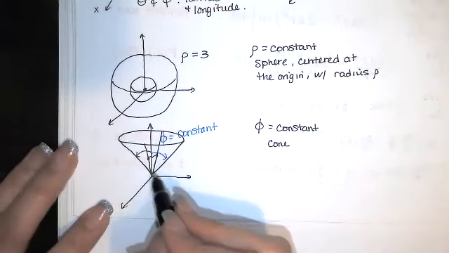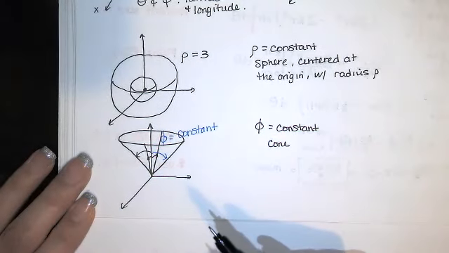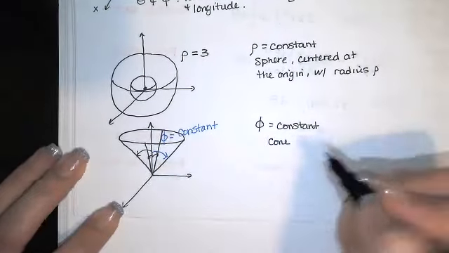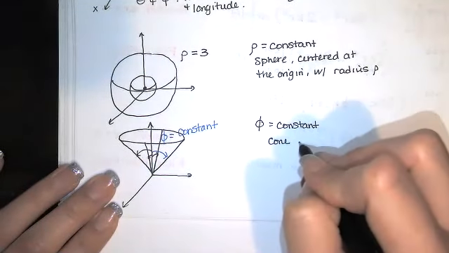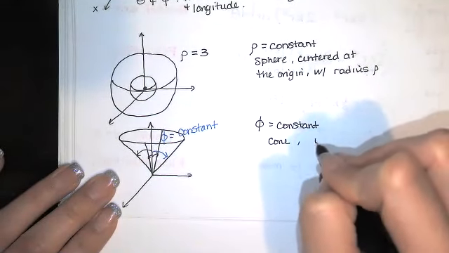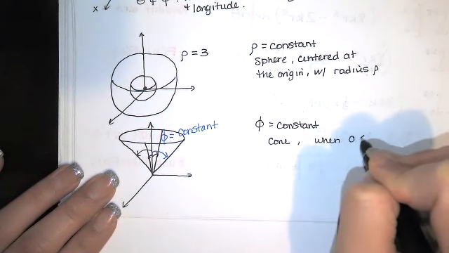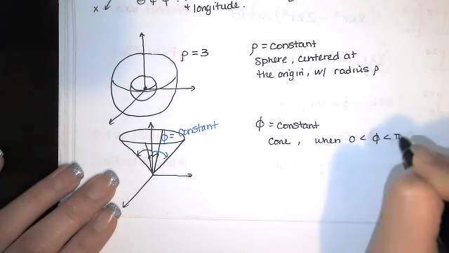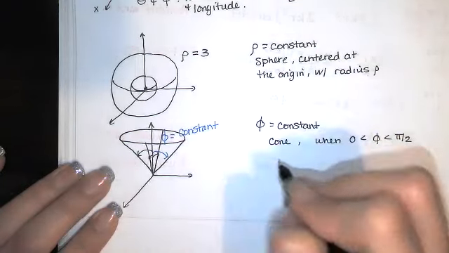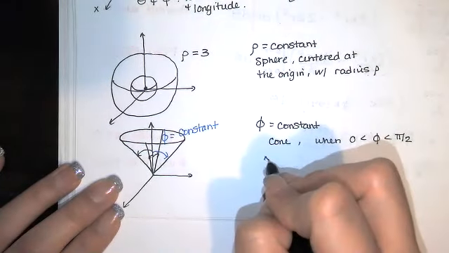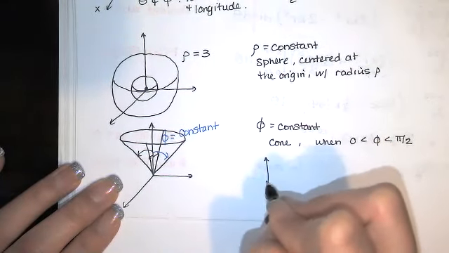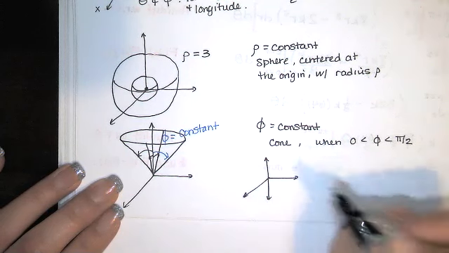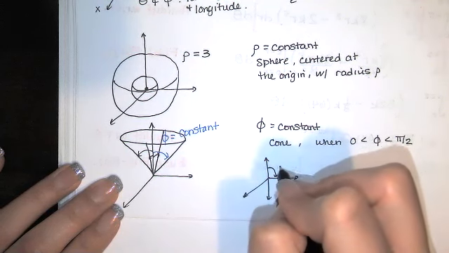When phi is between 0 and pi over 2, that's what we get. If phi equals pi over 2, that means we're going to the xy plane.